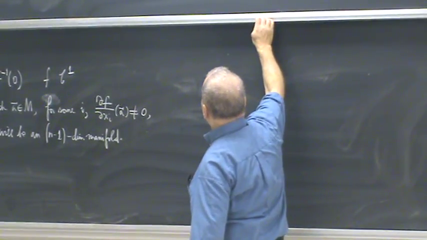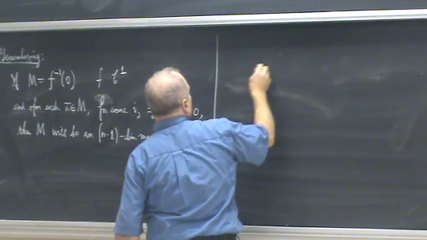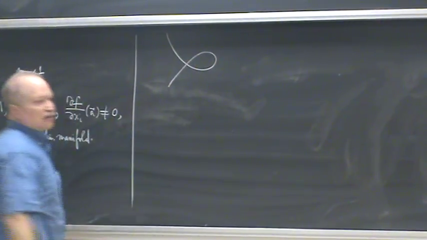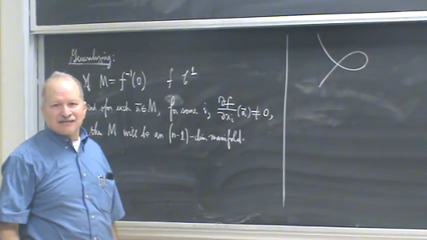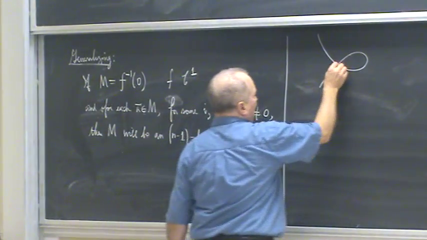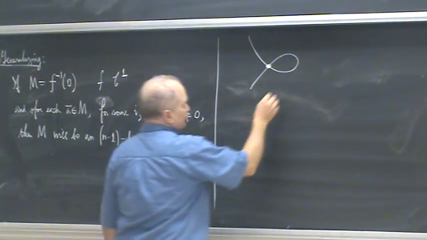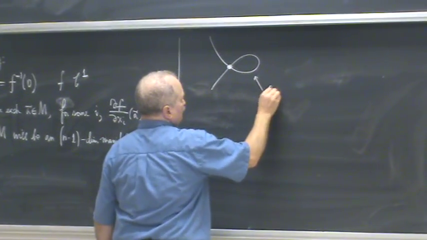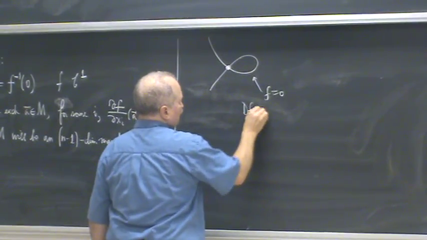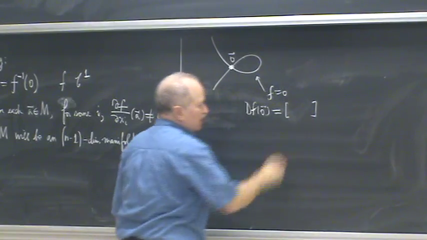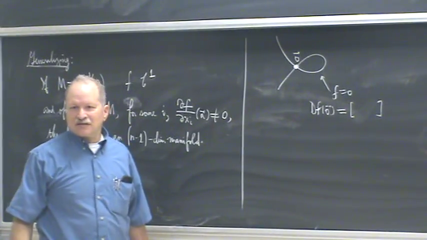Now, yesterday, one of our examples was the curve that looked like this. And what did we notice actually happened to the f at that point? It didn't work. This was the origin, and what, in fact, was the derivative of that f at the origin? 0, 0.